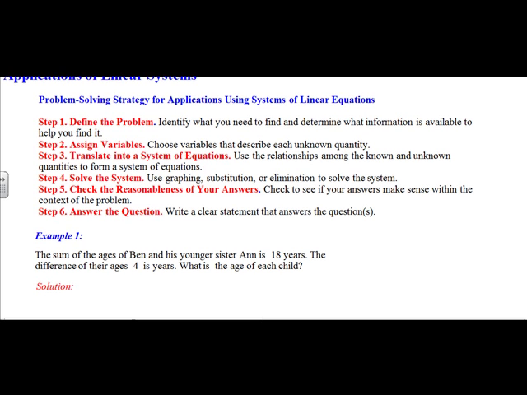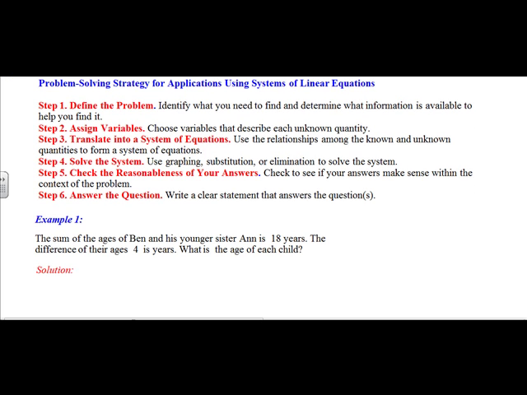So what we know from the information is that the sum of the two is 18 and the difference is 4 years. And step 2, I want to assign variables for our problem. We're looking for the age of Ben and Anne.